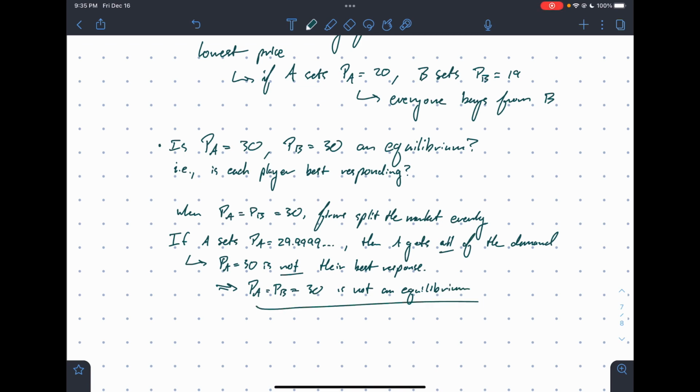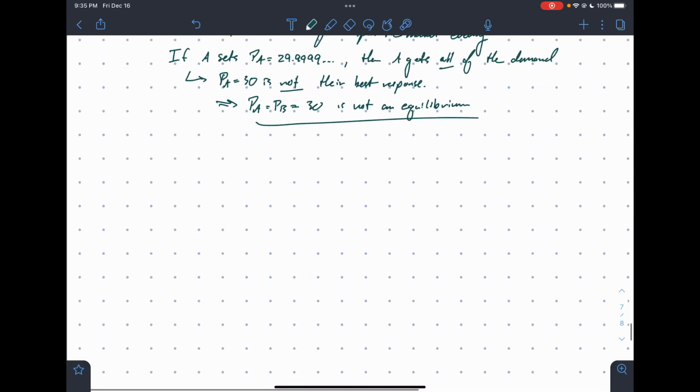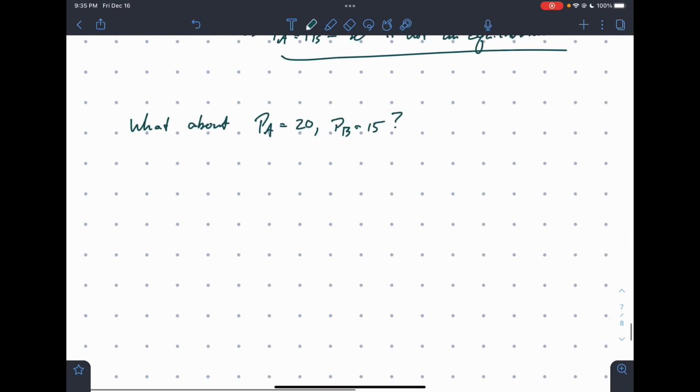Okay, so we're going to repeat this analysis when we consider what happens if PA is 20 and PB is 15. Well, are firms best responding? No. Why do I say that?